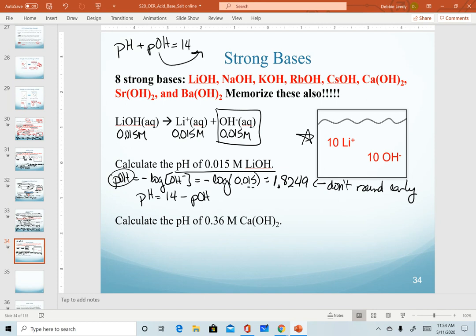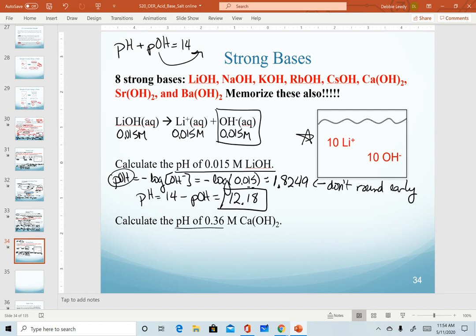And so moving the pOH to the other side, I can calculate pH. Now I can round for sig figs. So again, 2 sig figs means I'm going to have 2 decimal places in my final answer. And this number makes sense. This is a strong base, and so I expect a high pH value.